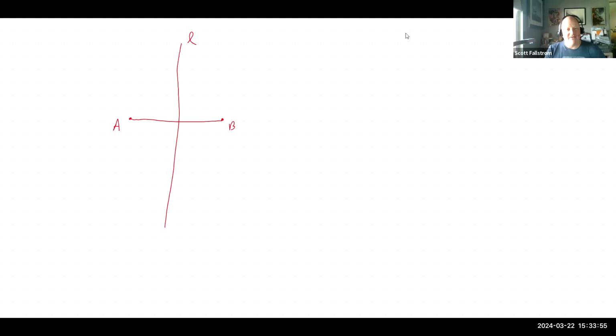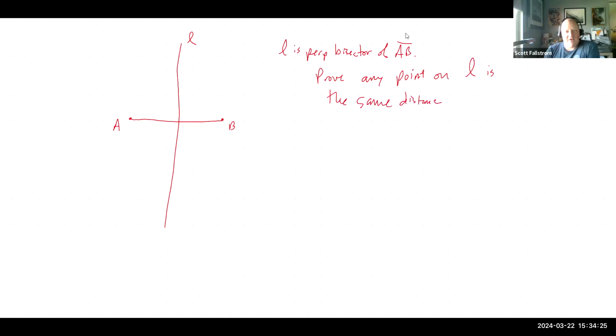So L is the perpendicular bisector of AB, and we need to prove any point on L is the same distance from A and B. That's what we're trying to show.